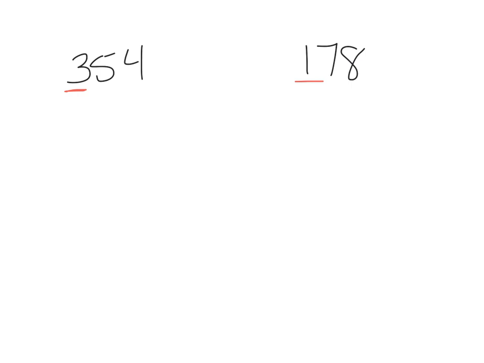So that's the only one I need to look at. Well, 300 is bigger than 100. So my alligator mouth is going to go towards the 354. I would read this as 354 is greater than 178.